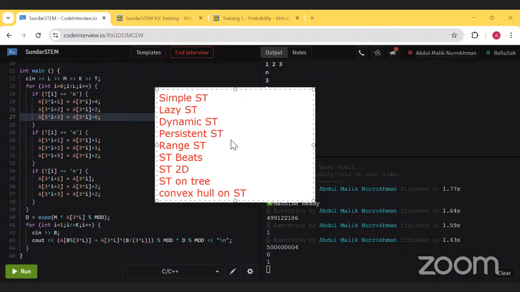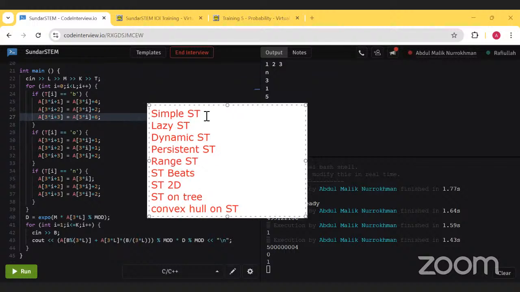So I think it is also better if we discuss some simple segment tree from now.